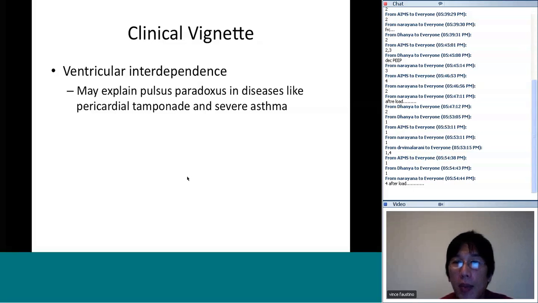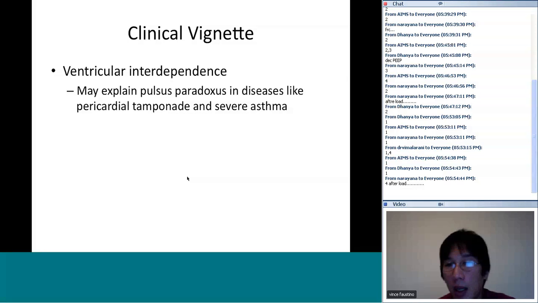So what happens is because of the very negative intrathoracic pressure, blood is stuck in between the right ventricle and the left ventricle during inspiration. And you can see a decrease in your cardiac output during inspiration, which is pretty remarkable with severe asthma.